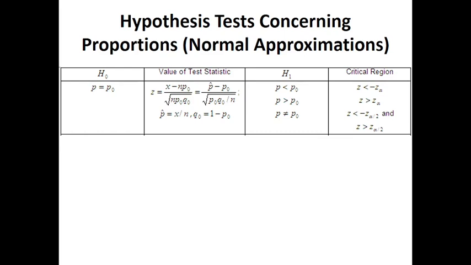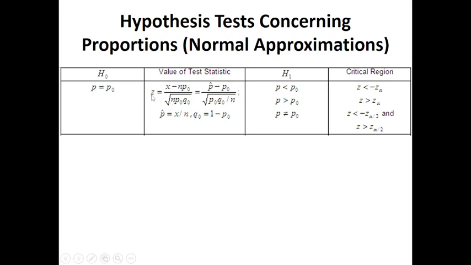So we have the hypotheses, the null and the alternative, to be constructed, and then we are going to determine the value of the test statistic. That test statistic has a normal distribution, so we approximate it to be normally distributed.